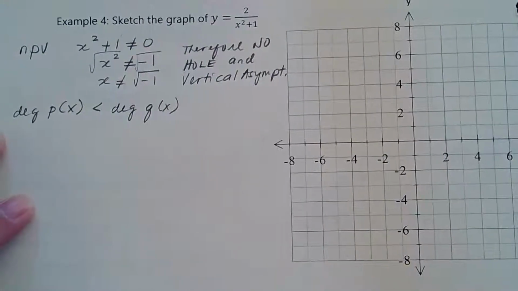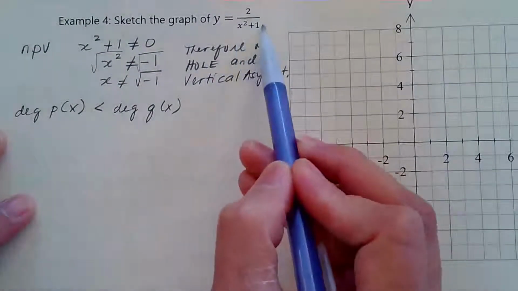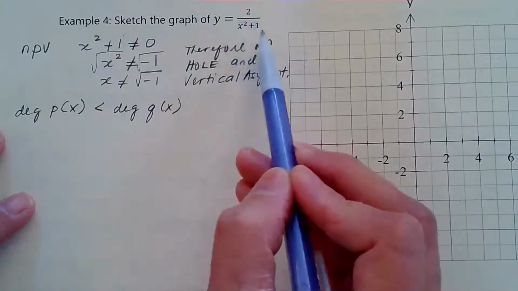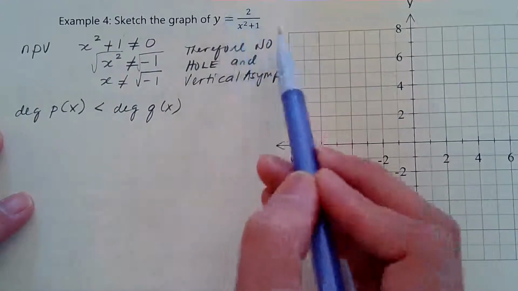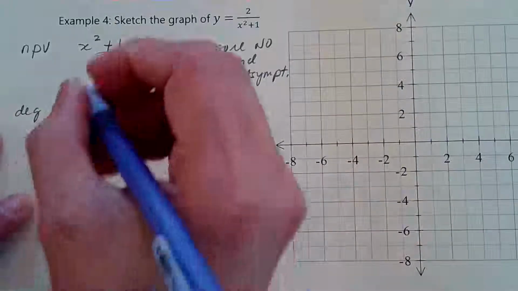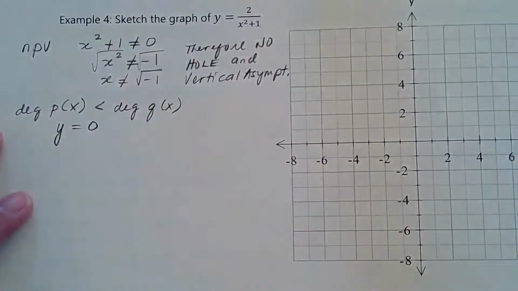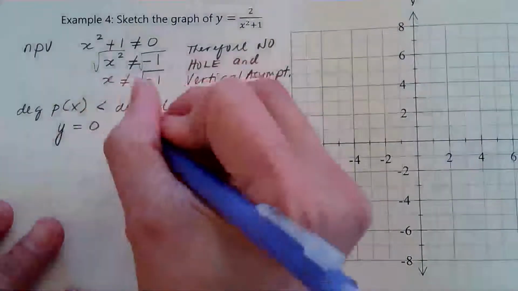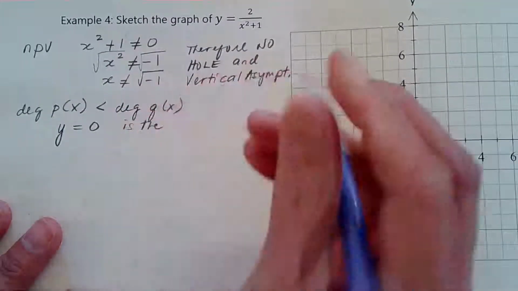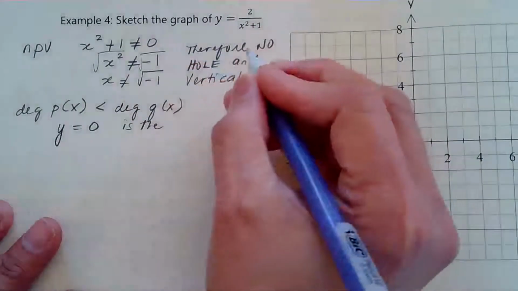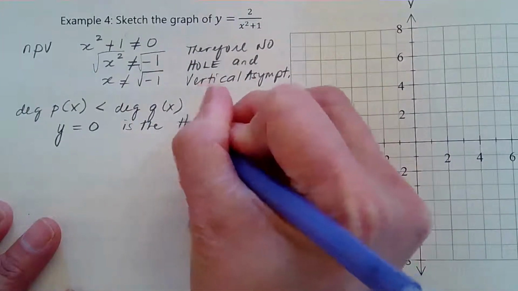So what can we conclude there? The denominator gets big so fast that overall it's going to approach 0. So y equals 0 is the horizontal asymptote.